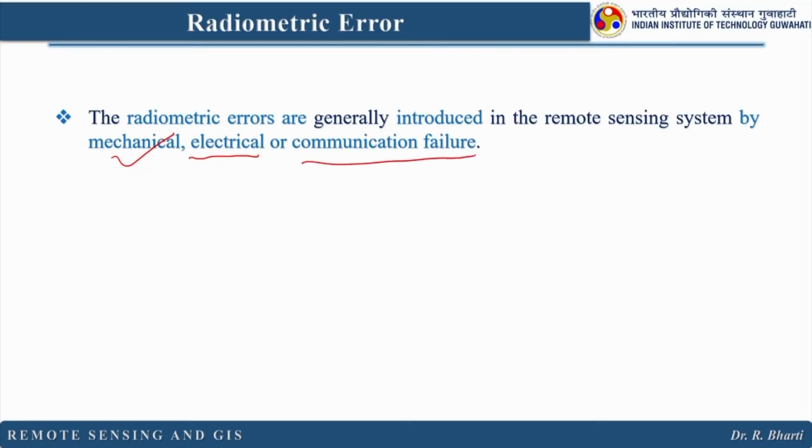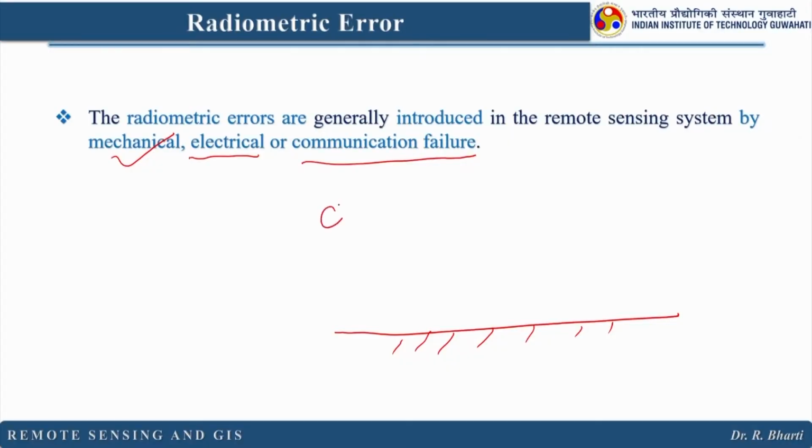So suppose while transferring this data to the ground station, because I hope you remember that this is our surface, and this is the sun which is illuminating our surface, then it is getting reflected or emitted, and here is your sensor, and then the sensor records the data, and then what happens?